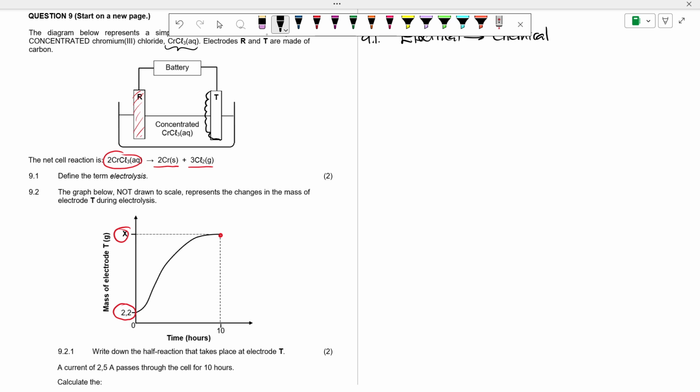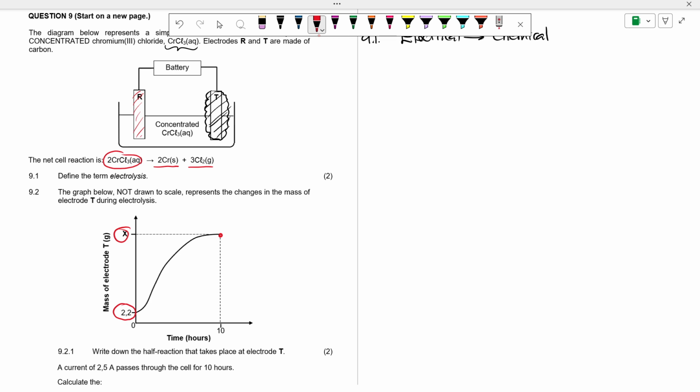That should already tell you whether T is positive or negative. The fact that T is gaining mass should already tell you which one is positive and which one is negative.